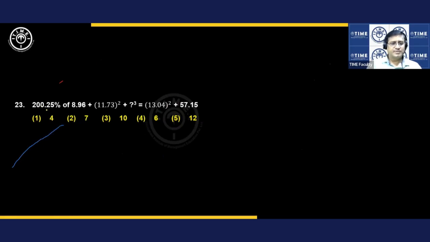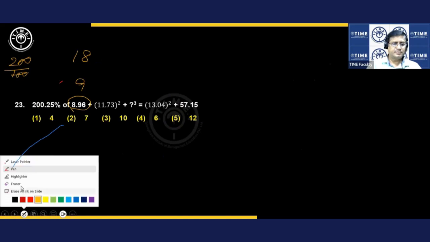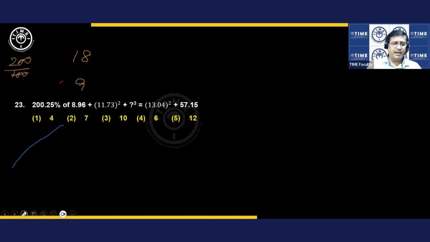200% of 8.96. 8.96 means approximately how much? 9. 200% means 200 by 100, that is 2. 2 into 9, 18.